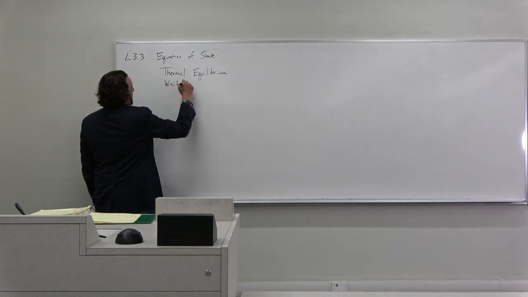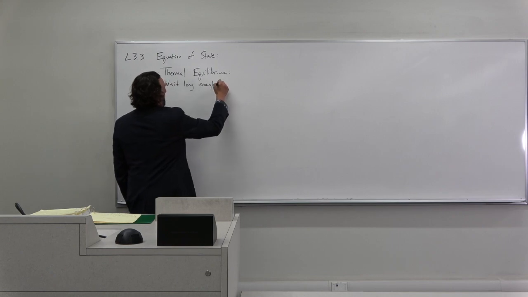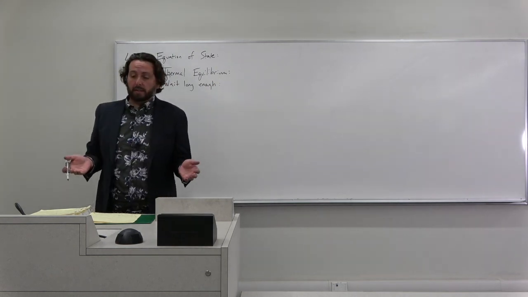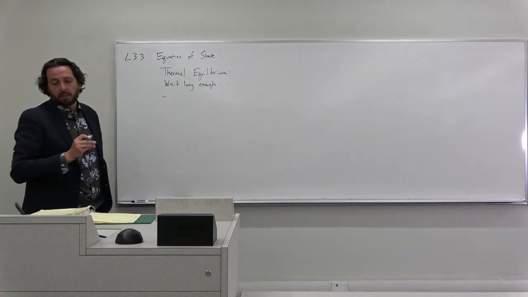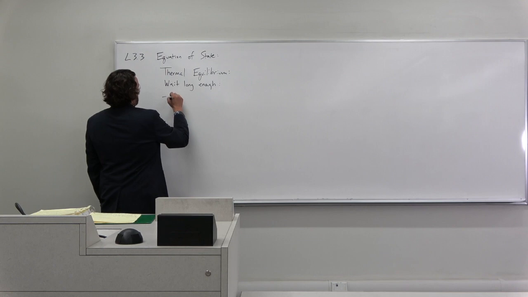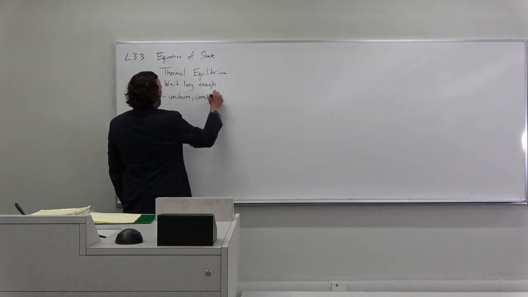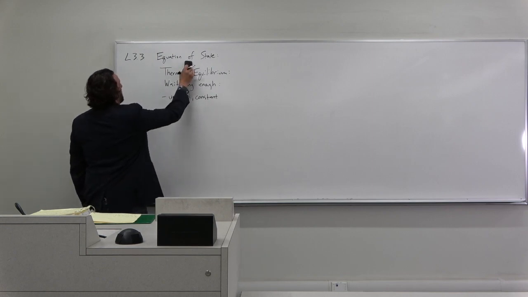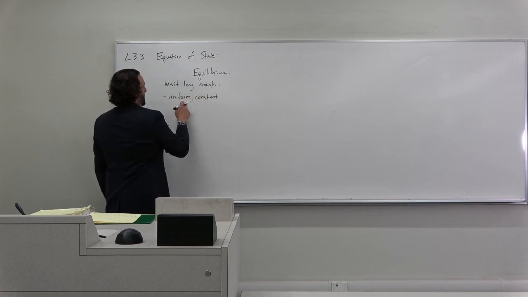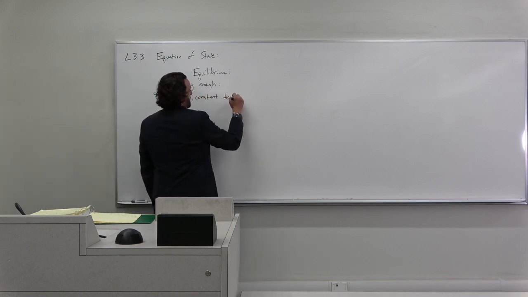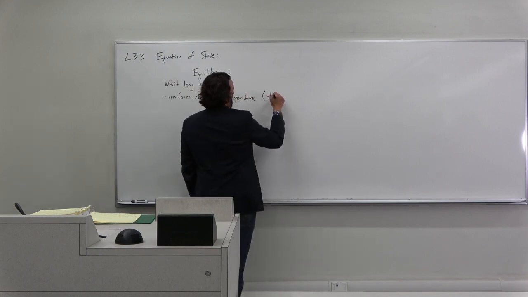So we wait long enough after some kind of disturbance to the system. Actually, let me just define this as equilibrium, right? So equilibrium is that we've waited long enough, so we can have a uniform constant temperature. And that's going to be a thermal equilibrium, right?